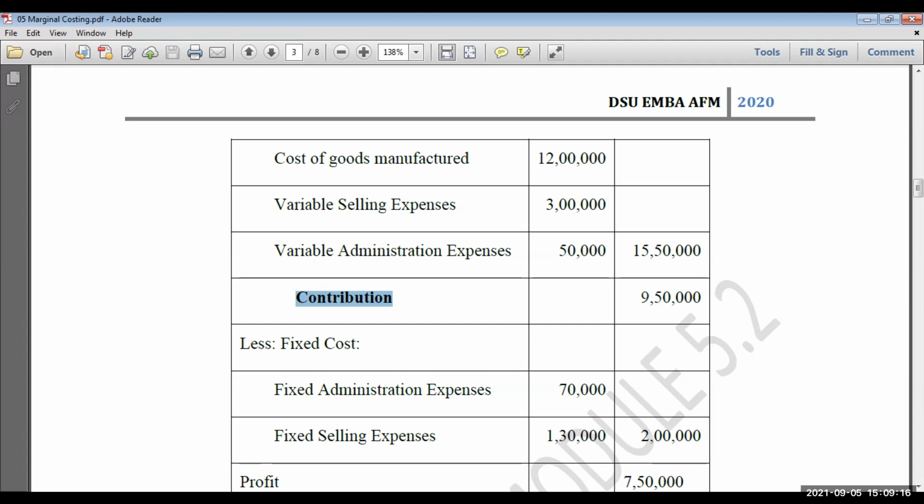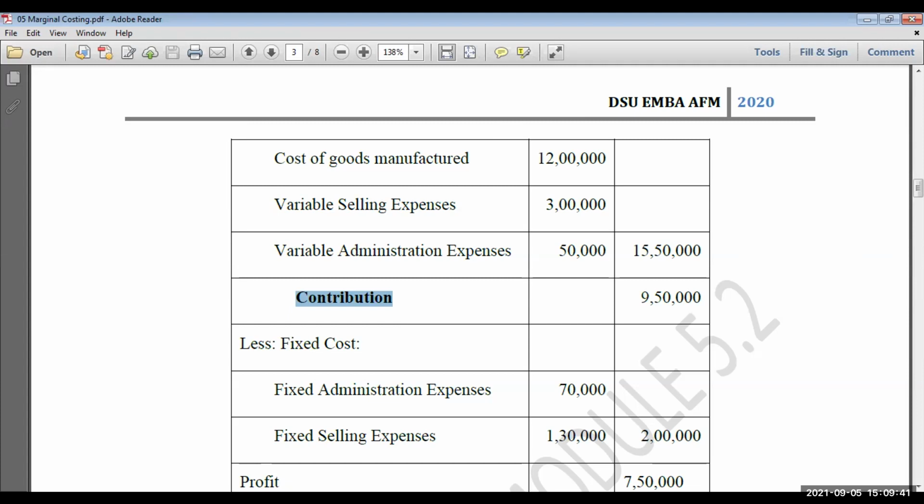Suppose the classroom strength is only 100, capacity is only 100. If 101 student is admitted, that time there is a problem of additional cost, not only variable cost, but also fixed cost. So by having this kind of process, we analyze the different situation, different level of operation. Suppose my company is working at 70% capacity of total installed capacity.